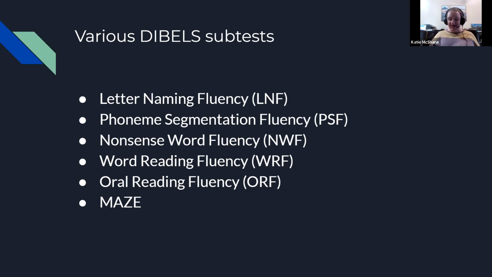Not every subtest is given to different students. I'm going to show you on the next slide at what grade level you give these different subtests. As you can see with the repetition of fluency, DIBELS is a fluency assessment. So it's really looking for that automaticity and accuracy of basic literacy skills.